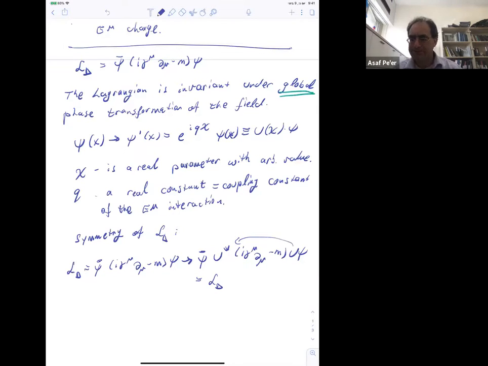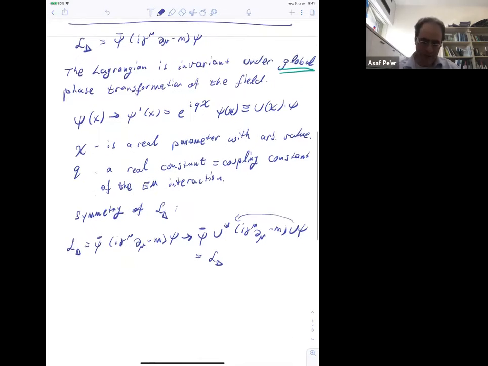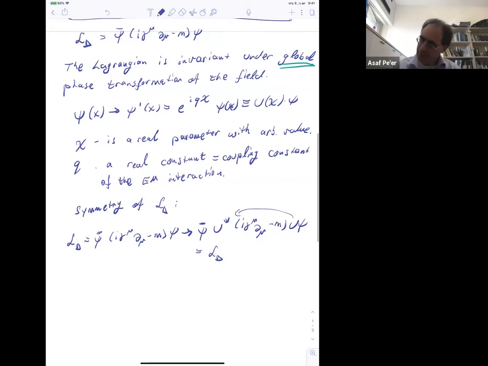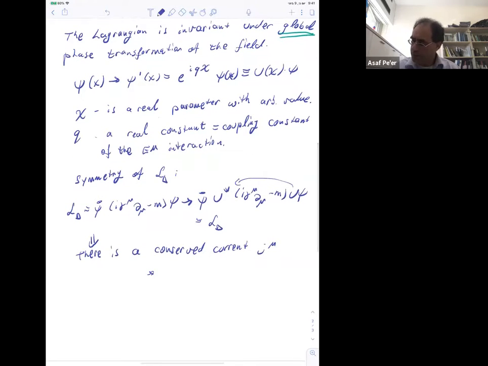Makes sense, right? A simple transformation. Now I argue that this gives rise to a conserved current. Well, Emmy Noether argued that before me. This is a continuous symmetry, so there is a conserved current J mu, such that d mu J mu is equal to 0.